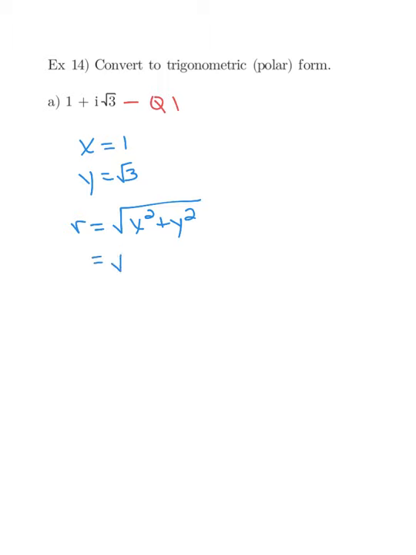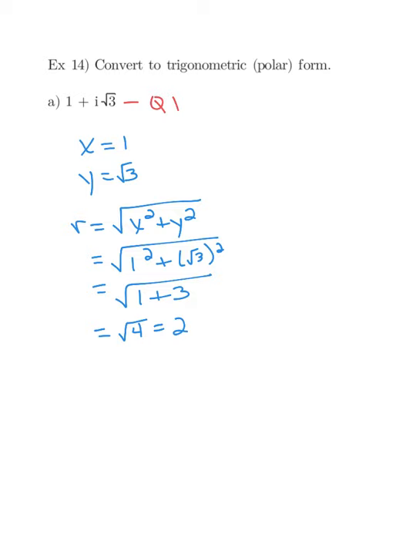So in our problem, we're going to have 1 squared plus the square root of 3 squared, but that gives us 1 plus 3, so we get the square root of 4, which is 2. So now we know x, y, and r.